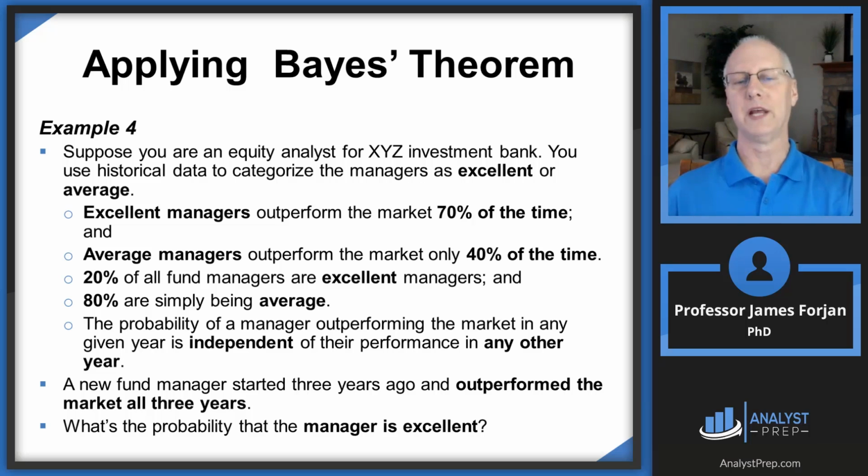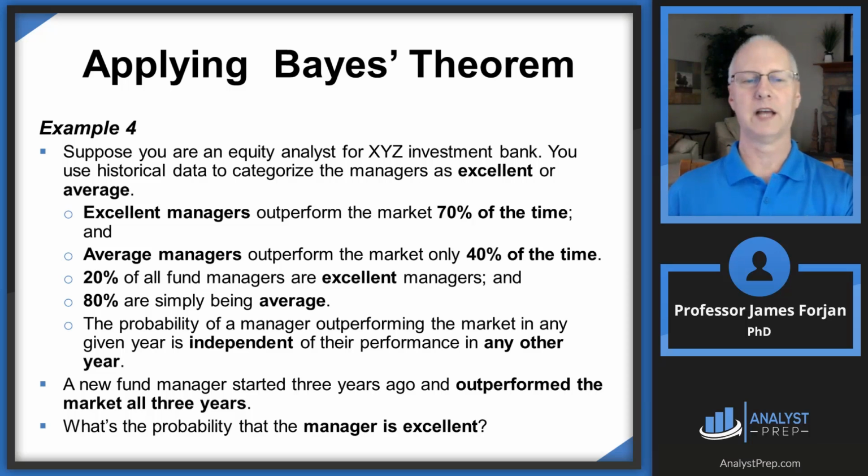So the probability of a manager outperforming the market in any given year is independent of their performance in any other year. And by the way, that's been shown by lots and lots of financial research, that historical outperformance for mutual fund managers really doesn't predict future outperformance. In fact, some studies show just the opposite, that outperforming managers tend to underperform. Maybe that's an application of reversion to the mean.